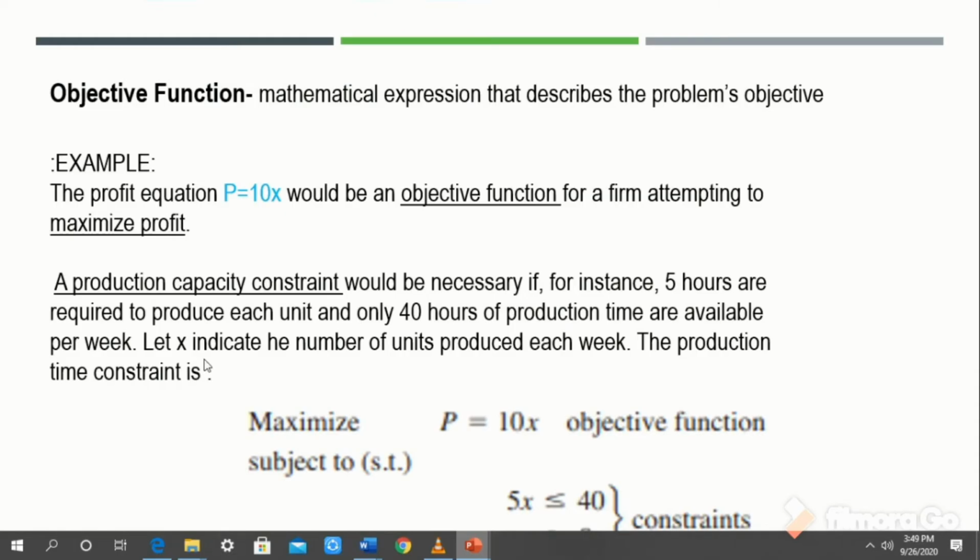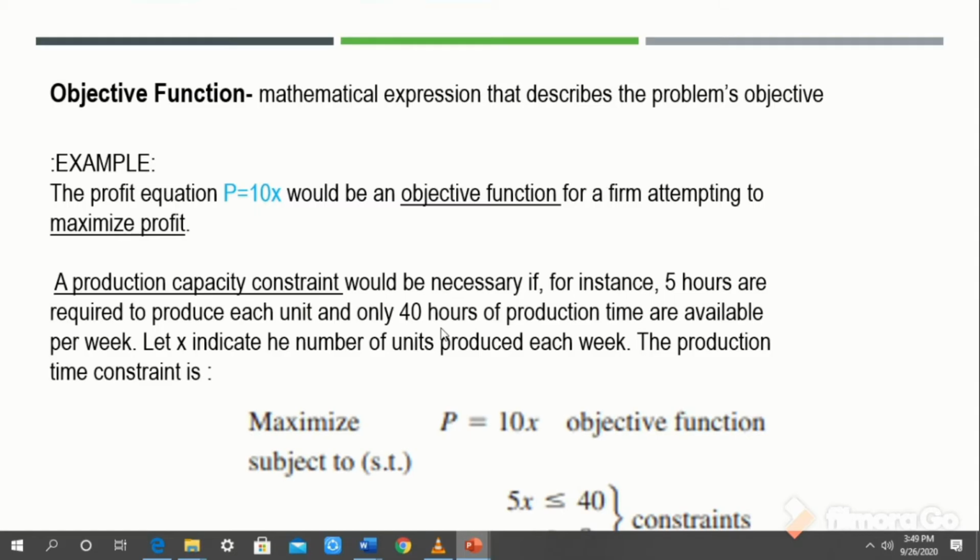A production capacity constraint would be necessary if, for instance, 5 hours are required to produce each unit and only 40 hours of production time are available per week. So, here comes the constraint, which is the capacity constraint. For example, our equation P equal to 10x is the objective function, but our constraint is that the hours available in a week are only 40 hours.